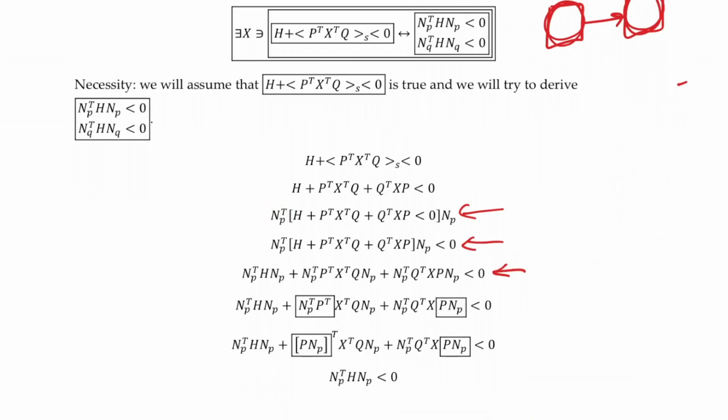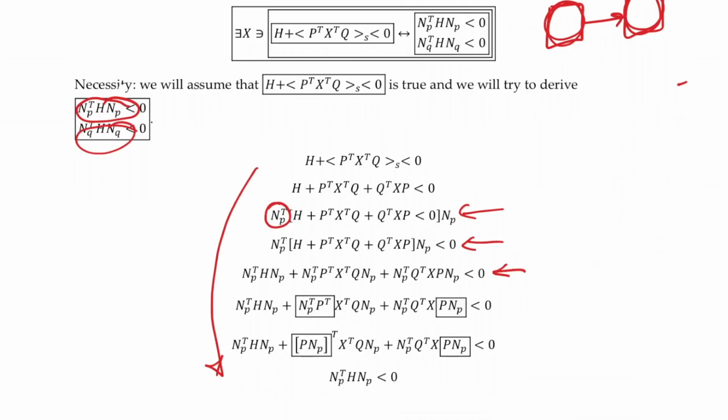And we could have done the same thing by using NQ, and by using that type of manipulations, we were able to prove this first condition. And by using NQ instead of NP, we will be able to prove the second condition.